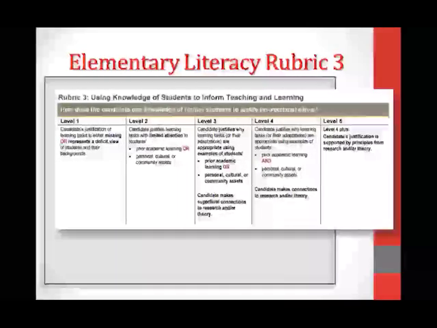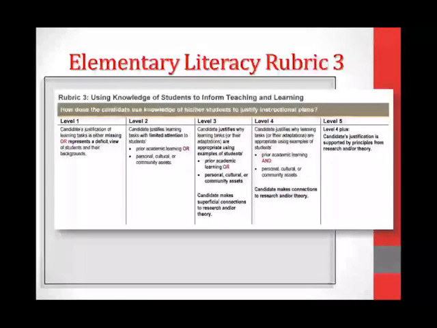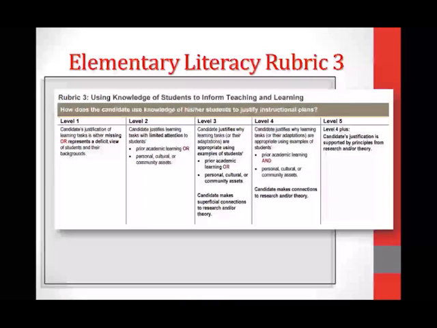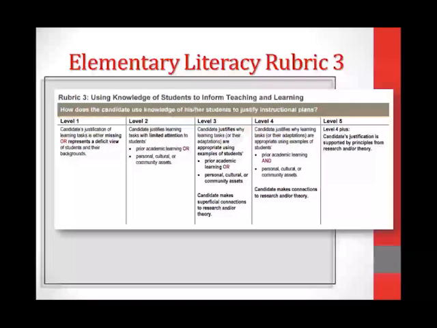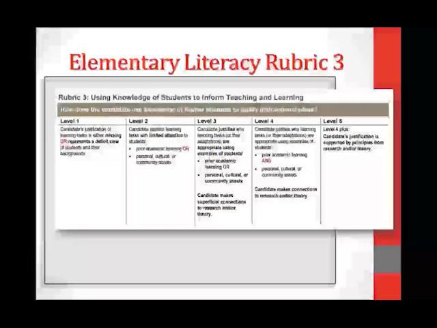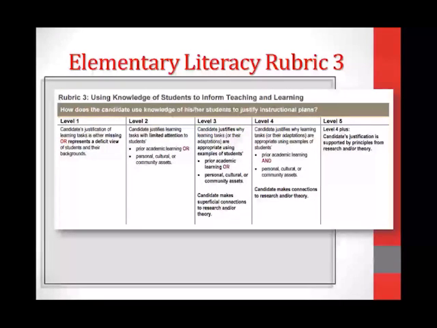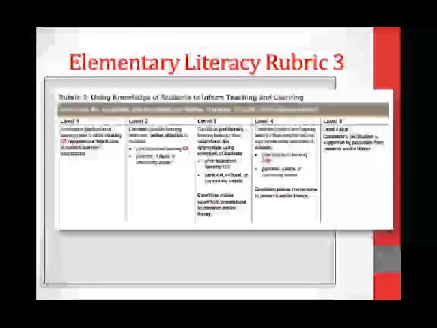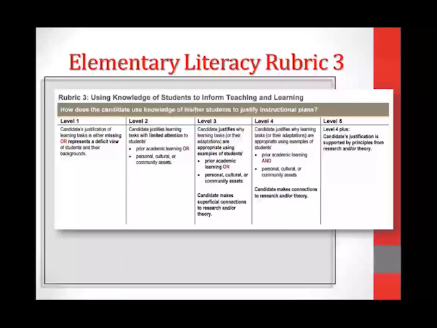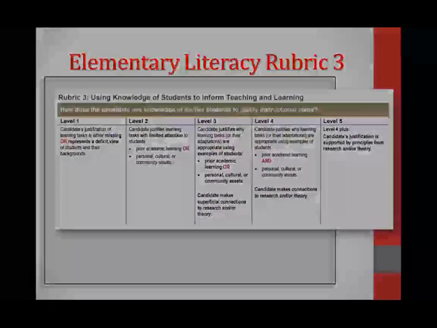Rubric 3 focuses on how you will use your students' prior knowledge and their cultural, community, and personal assets to plan your lessons. These are the things you know about your students' everyday life experiences, cultural and language backgrounds, and all of their interests. You must plan lessons considering the language demands that might prevent some of your students from having equal access to the content.